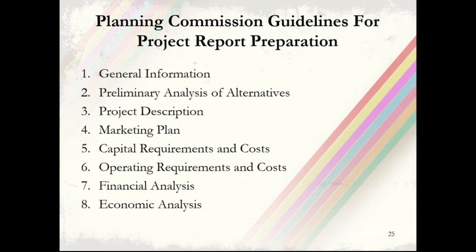General information, preliminary analysis of alternatives, project description, marketing plan, capital requirement and cost, operating requirements and cost, financial analysis and economic analysis. General information: the feasibility report should include an analysis of the industry to which the project belongs.